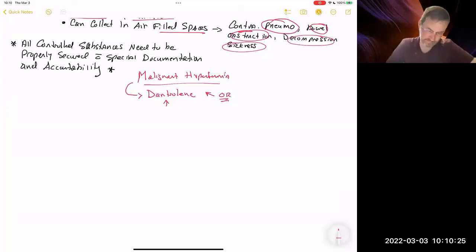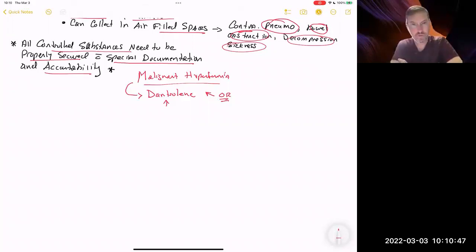And just as a reminder, all controlled substances, because many of these substances, right, ketamine, the opioids, the benzodiazepines, are Schedule 2 or Schedule 3 in many cases. So they need to be properly secured, and there are special documentation and accountability requirements, right? Typically, you will do a check with the oncoming shift and the offgoing shift. They will be locked in their own box and secured, and there's special documentation.